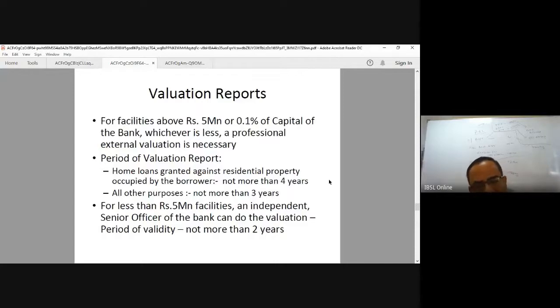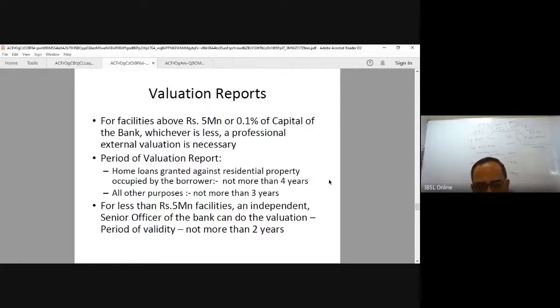So you need to take valuation reports for the assets that you are taking. Say if the facilities are more than 5 million or 0.1% of the capital of the bank or the institution, whichever is less, professional external valuation is necessary, right?